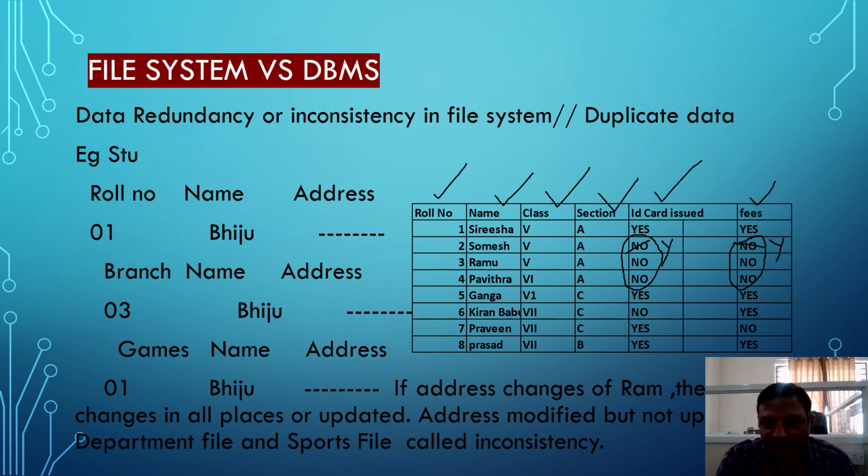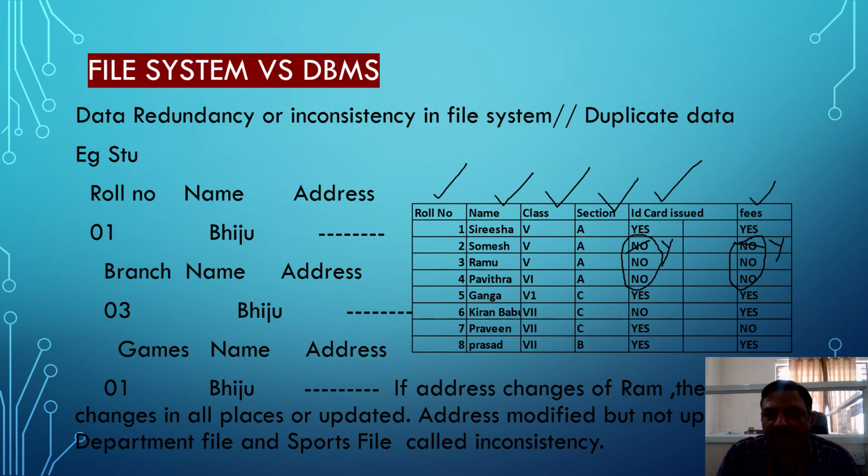So other tables will say Somesh no, ID card issued no, and fees paid no, whereas in our table I have updated it. If you change an address or something, it will not be modified in all the files. Whichever file you update, you have to update wherever your file is stored, in each and every file. That is why this is called data redundancy. You have duplicate data or inconsistency in the file system.